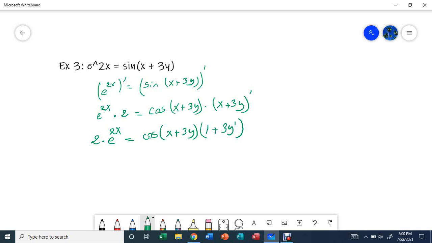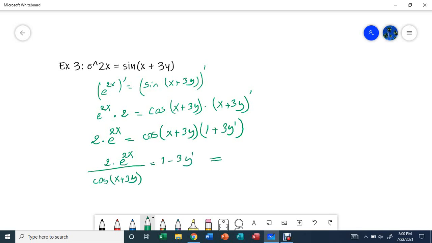And now I'm going to divide both sides by cosine of x plus 3y. So 2 times e power 2x divided by cosine of x plus 3y equals 1 minus 3y prime.